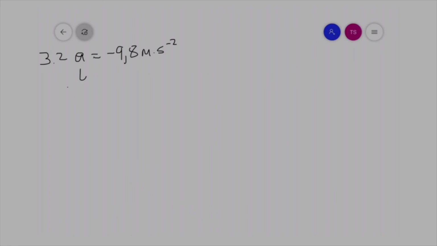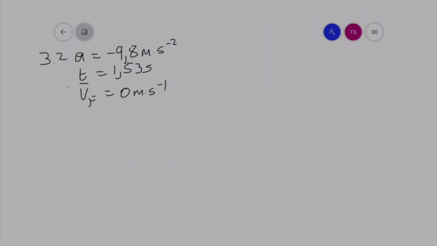We know our time, which is 1.53 seconds, and then we know the v final, which is 0 meters per second, right?